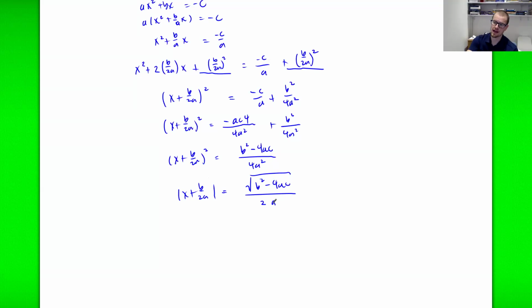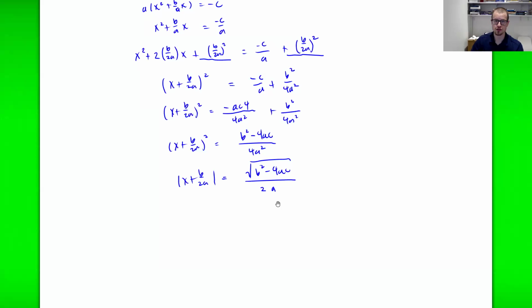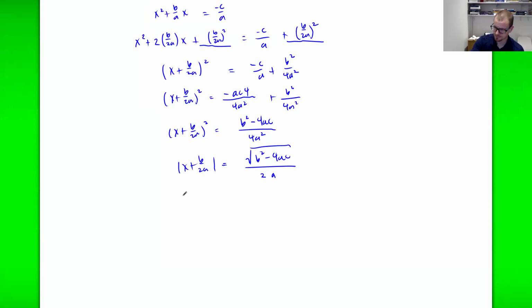It doesn't matter whether this a value itself is positive or negative, because it's just going to switch it back and forth. It's true, but I'm just telling you for now, it does work out that we can simply write this as a, and the correct solutions will still follow.